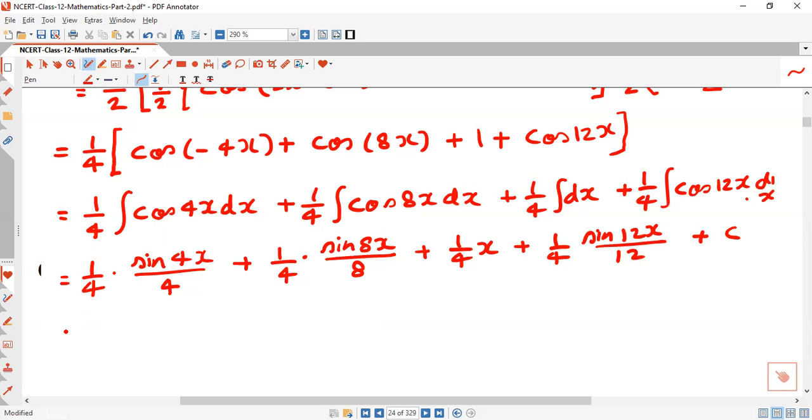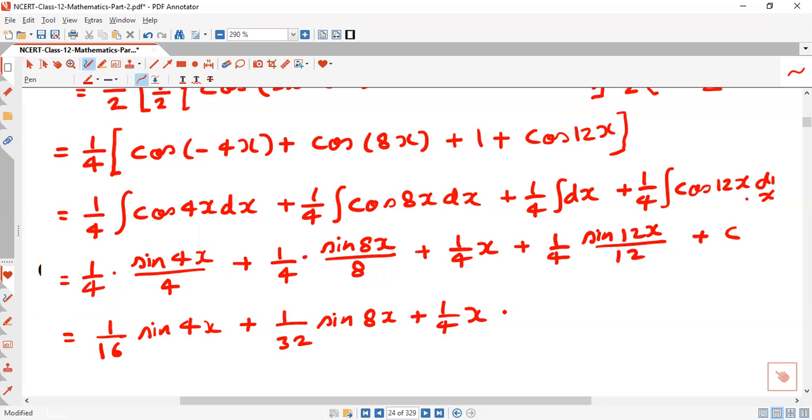So this is the answer, or a better way we write the answer: 1 by 16 sine 4x plus 1 by 32 sine 8x plus 1 by 4 x plus 1 by 48 sine 12x plus some constant c. This is the answer of this question.